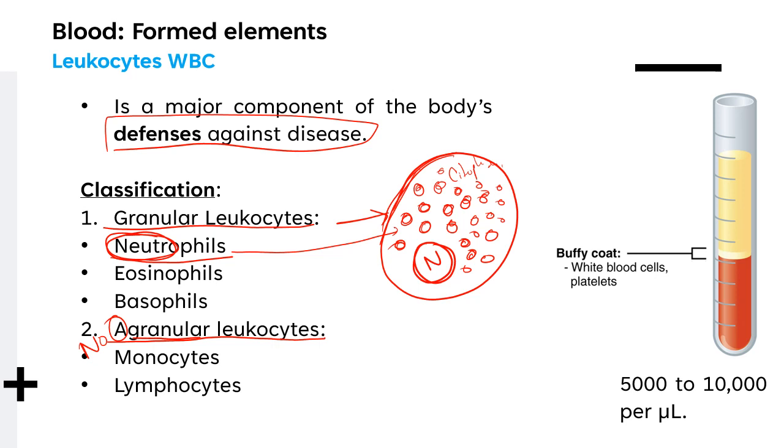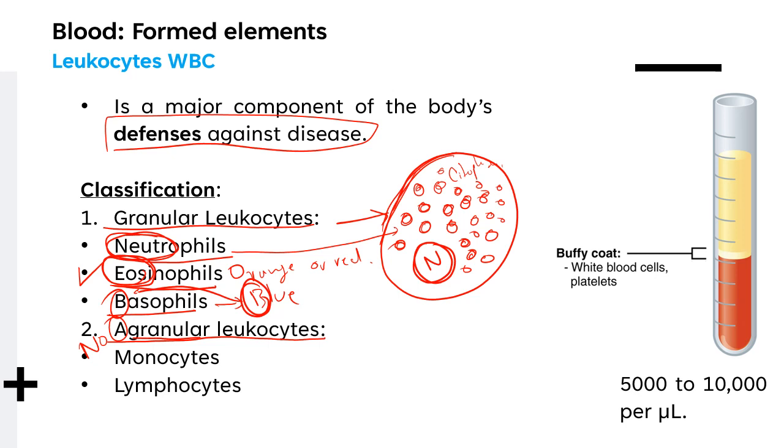The other two that we have, they will have specific colors: eosinophils and basophils. Eosinophils, most of the time the granules are going to look orange or red. Basophils, blue. The way that I always keep this straight, blue starts with B, basophils start with B. If you know that, any other color must be eosinophil.